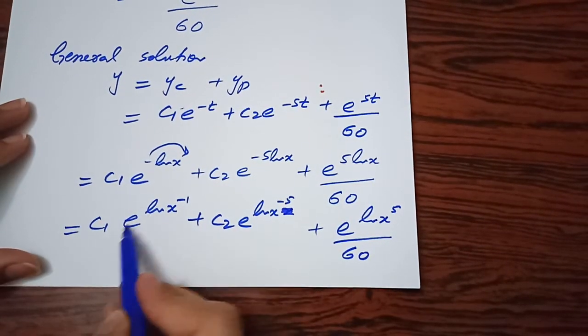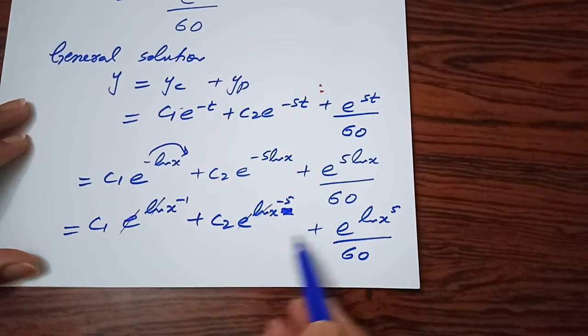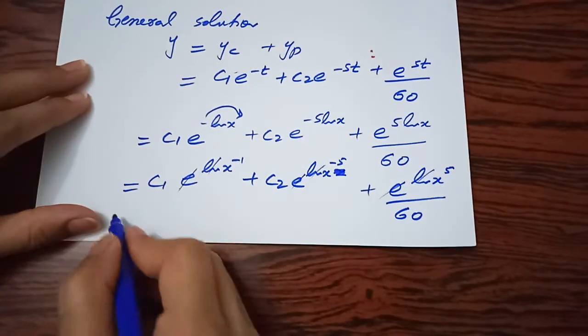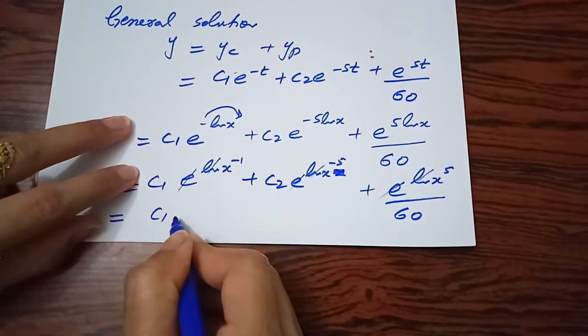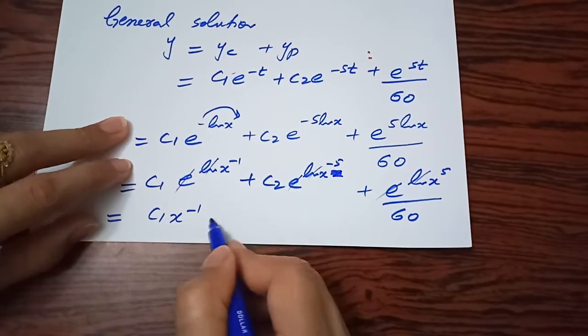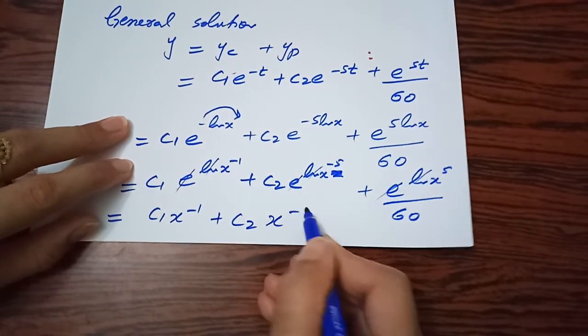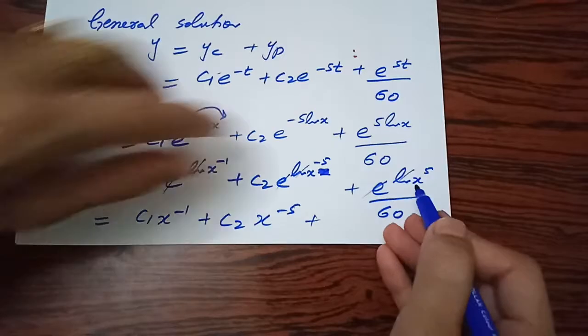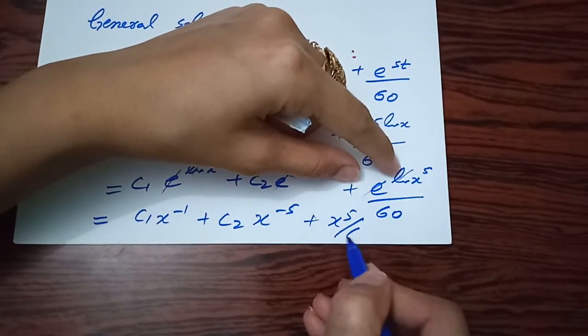You know that ln and e are inverse operations of each other, so they are going to cancel out like this. So we are left with C1 x raised to power minus 1 plus C2 x raised to power minus 5 plus x raised to power 5 over 60.